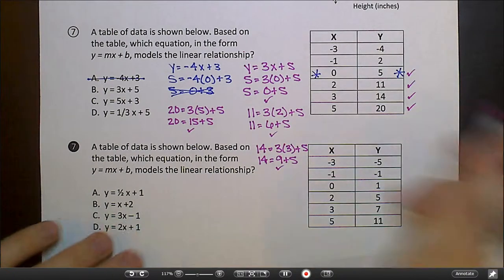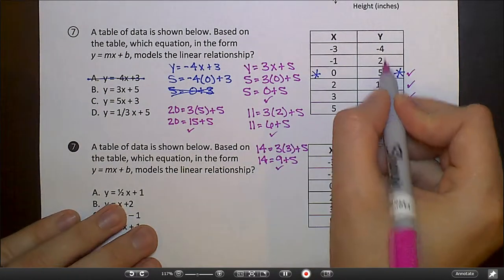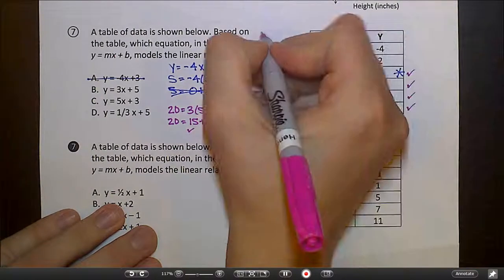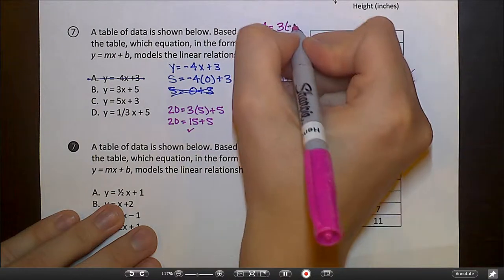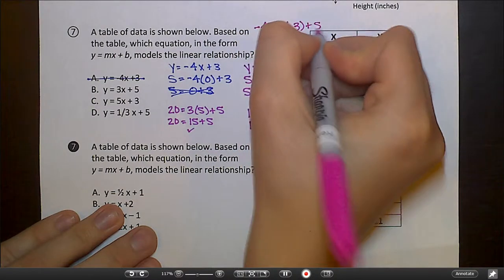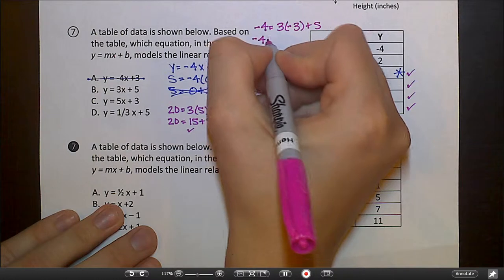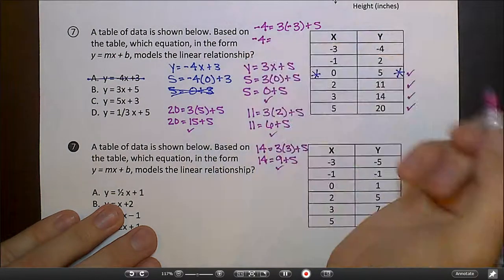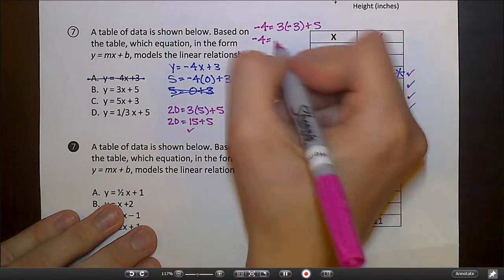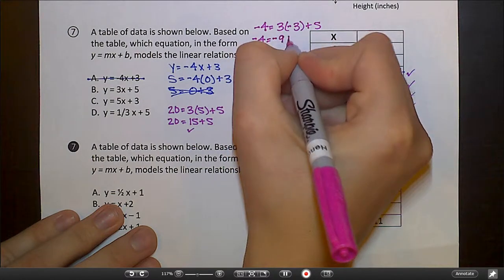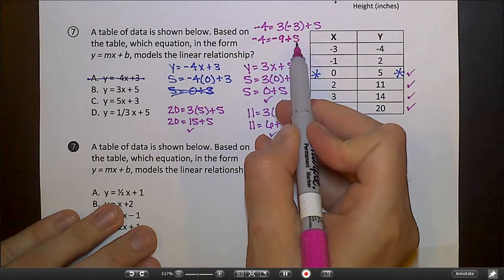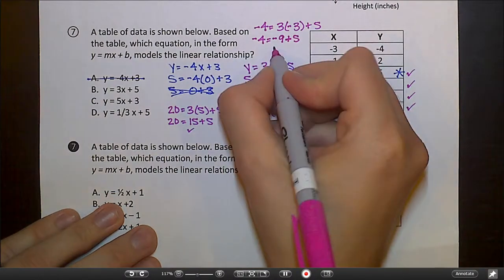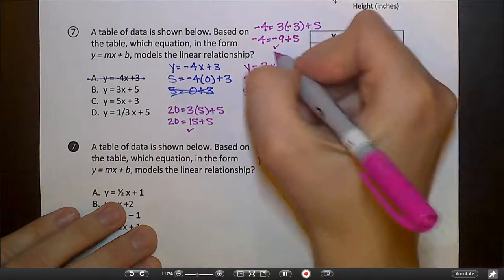Let's find some space here and go back to these numbers. So let's do negative 4 equals 3 times negative 3 plus 5. 3 times negative 3: if the signs are different, the answer is negative, so that's negative 9 plus 5. Well, if I have negative $9 and then I get $5, now I have negative $4, so I'm closer to 0. So that one works.